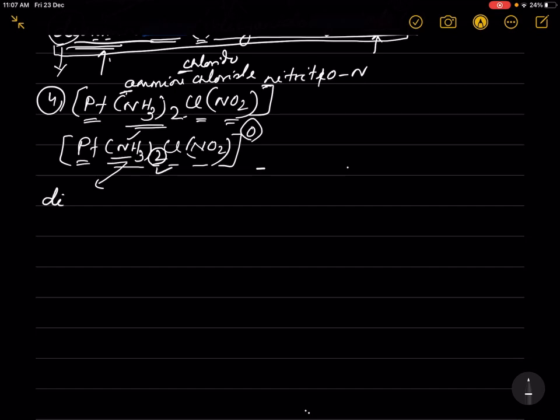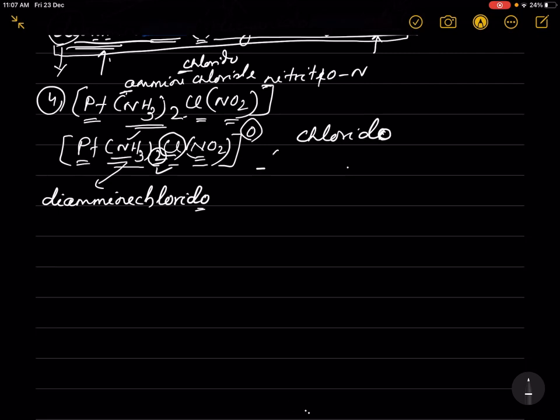Then for these 2 ammonia molecules we should write diammine. For this chlorine it should be chlorido. You see this is chloride, but here e is written as o, so this is chlorido.